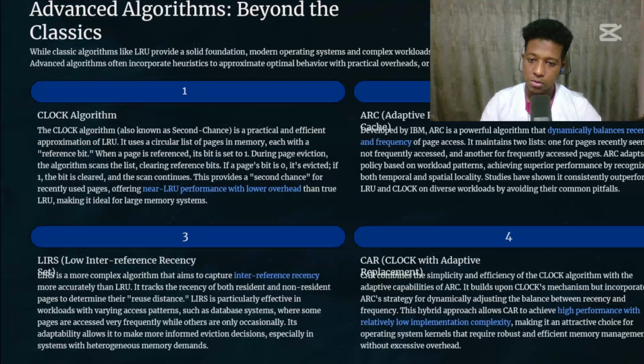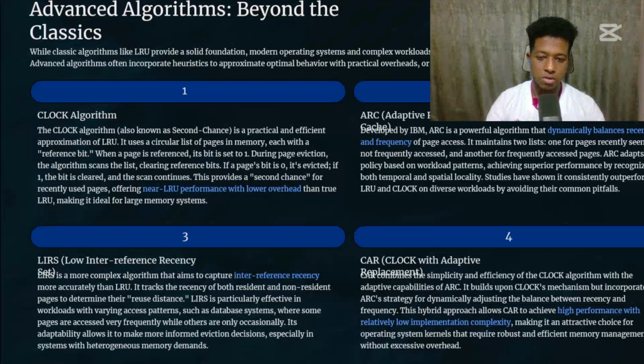LIRS is particularly effective in workloads with varying access patterns, such as database systems, where some pages are accessed very frequently, while others are only occasionally. Its adaptability allows it to make more informed eviction decisions, especially in systems with heterogeneous memory demands.